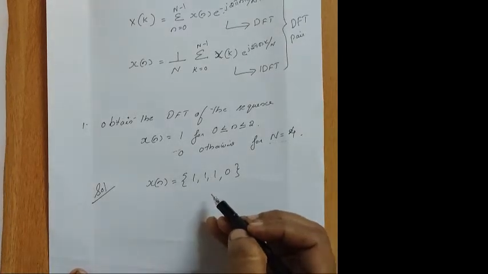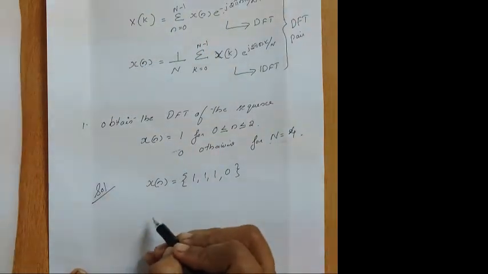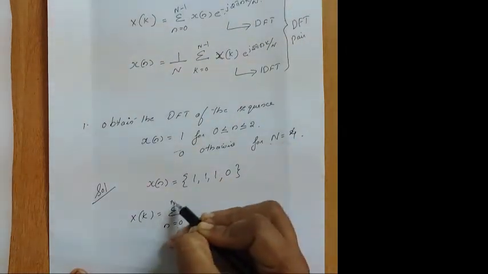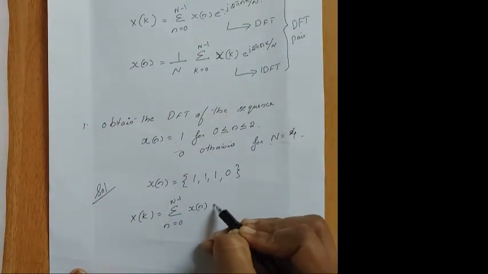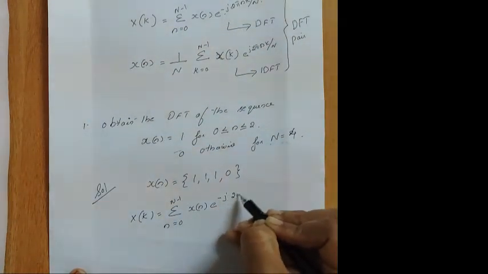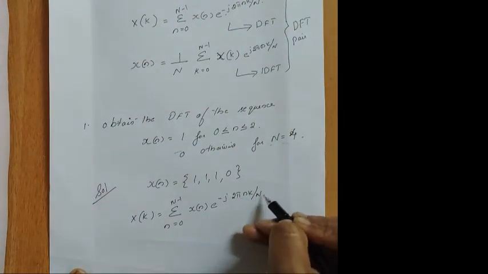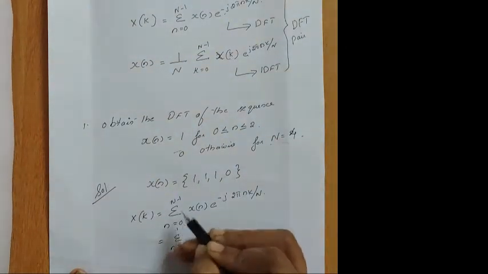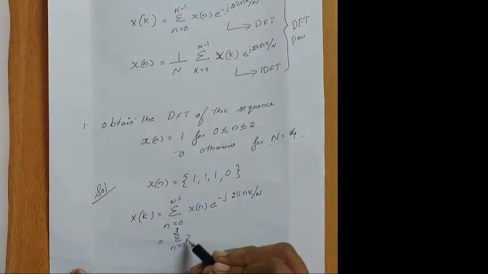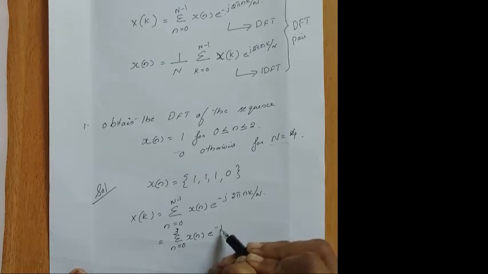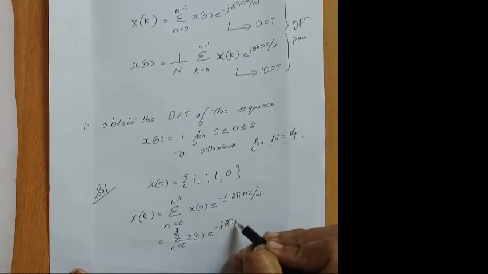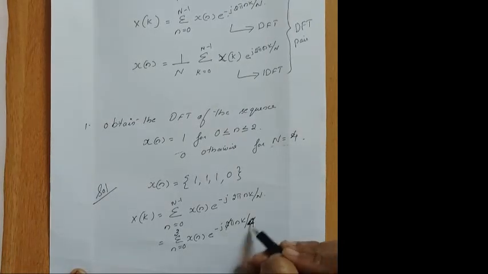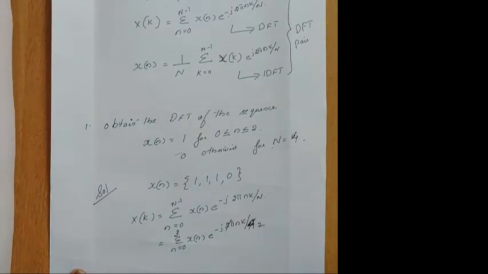Now the basic equation of a DFT was given as X of k equal to summation n equal to 0 to N minus 1 x of n e raised to minus j 2 pi n k by capital N. You know what capital N is. So summation n equal to 0 to 4 minus 1, that is 3, x of n e raised to minus j 2 pi n k by 4. 2 and 4 cancel and you'll get 2 over here.